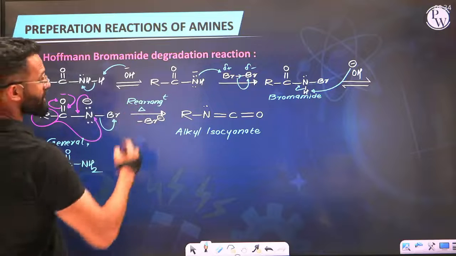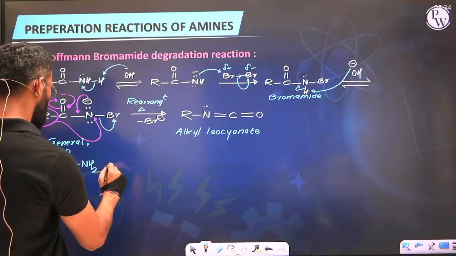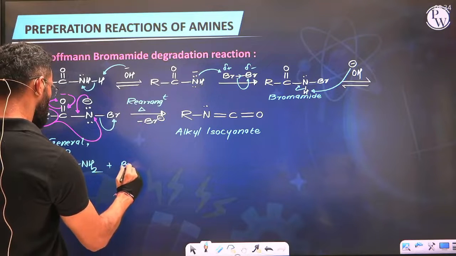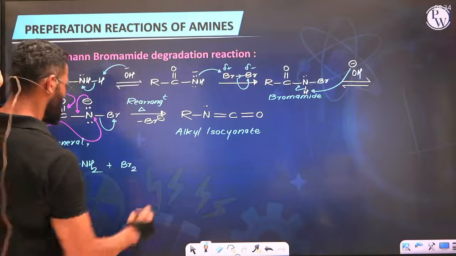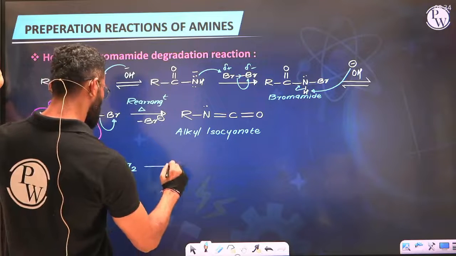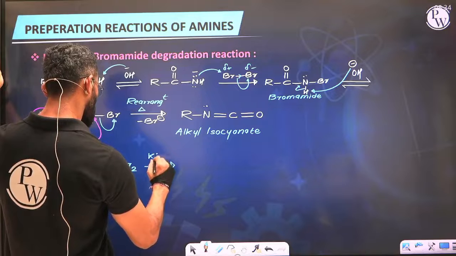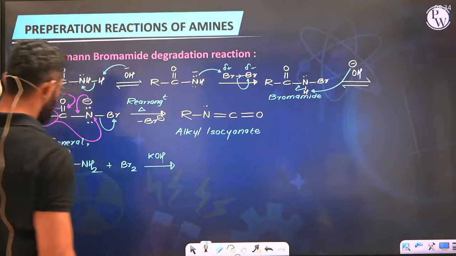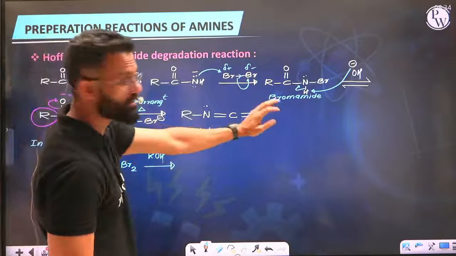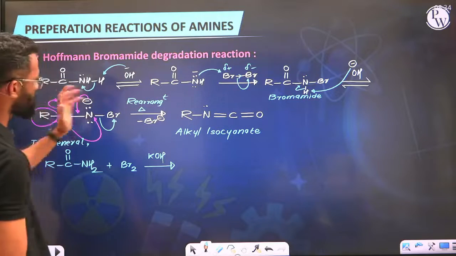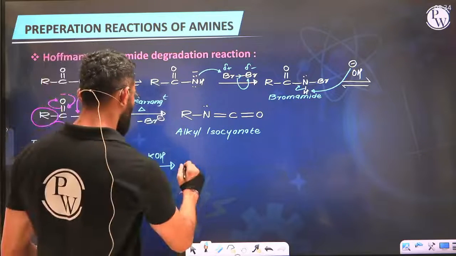We treated that with bromine in presence of KOH. So amide got converted to bromamide. Bromamide in an alkaline condition undergoes rearrangement to produce alkyl isocyanate.